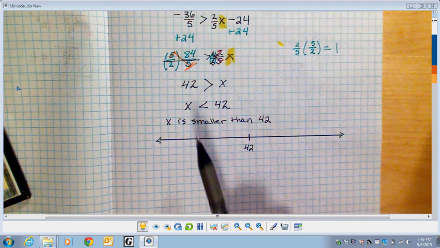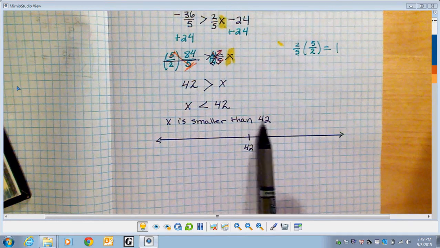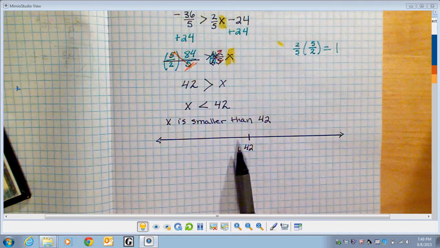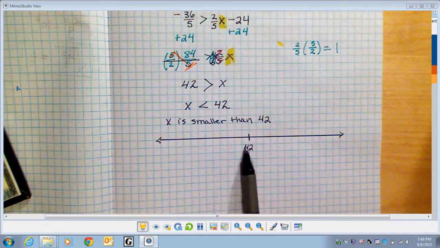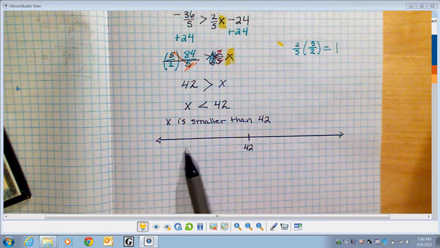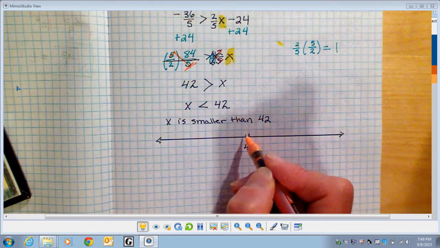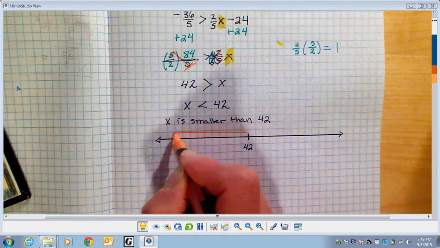So I want to say x is smaller than 42. So here I am at 42. Where do my numbers get smaller? Well, this is 41, 40, 39, 38. So my numbers get smaller this way, which means that x must be every single number beneath 42.